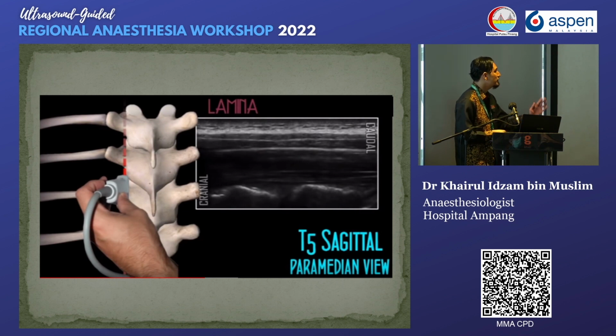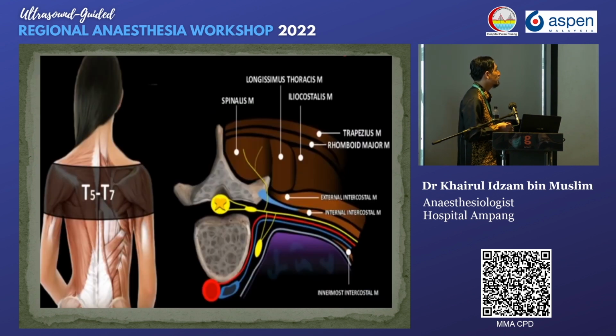If we scan medially, we can identify the lamina. At this level, some studies describe it as a retrolaminar block. The good thing about ESP is that it can spread quite well.